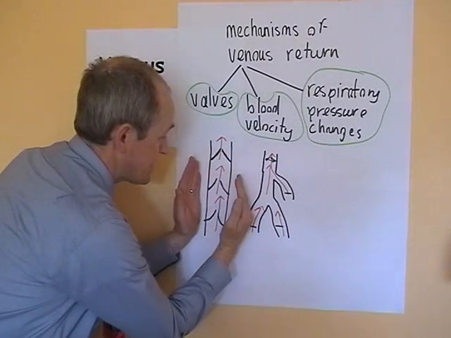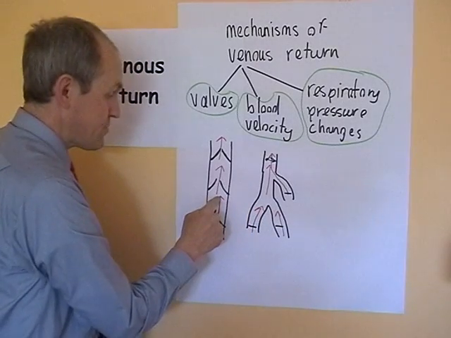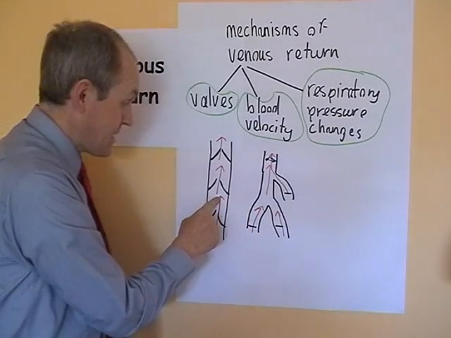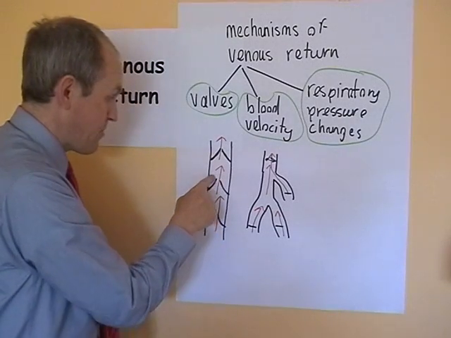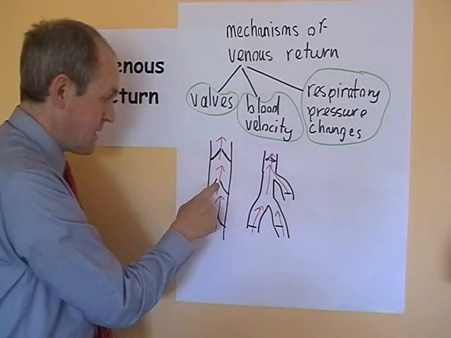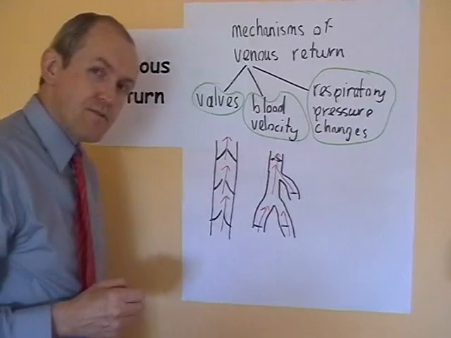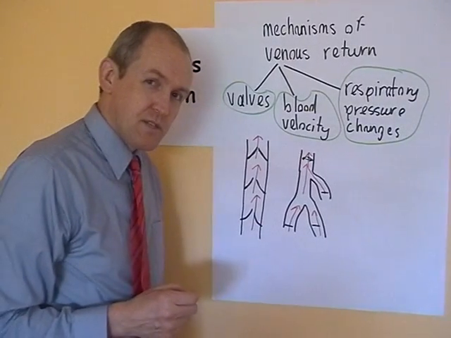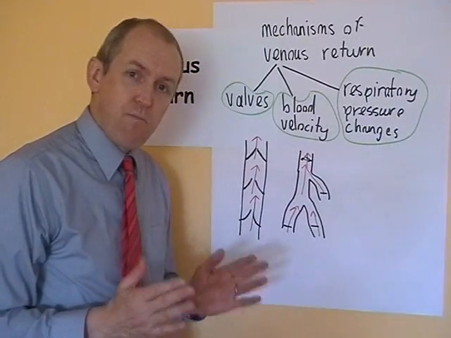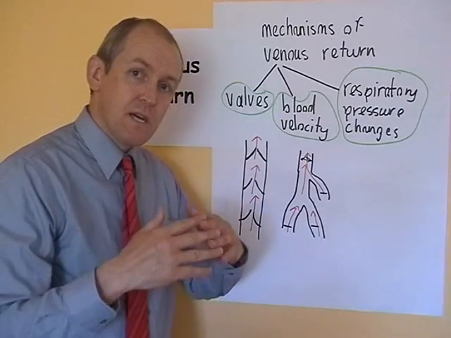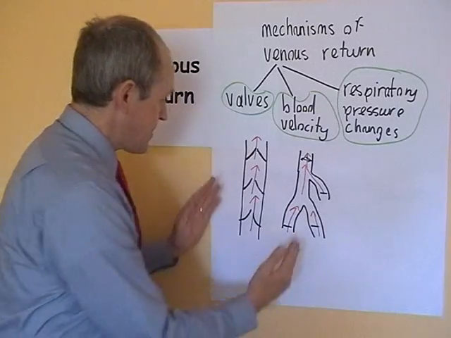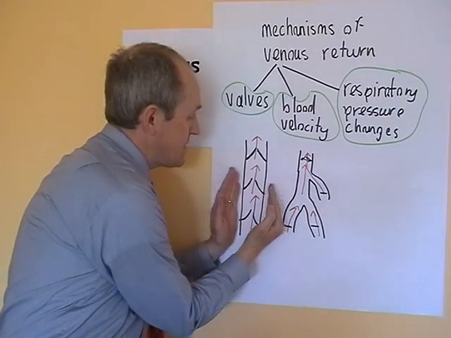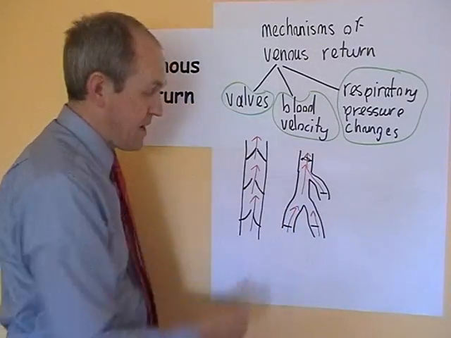If I increase the pressure in there, that will automatically tend to shut that valve and automatically open that valve. It's important to remember that the valves are only passive structures. They are not moved by active muscular movement, they just go with the pressure change. So I need some way of increasing the pressure in this vein to allow the valves to do their job.